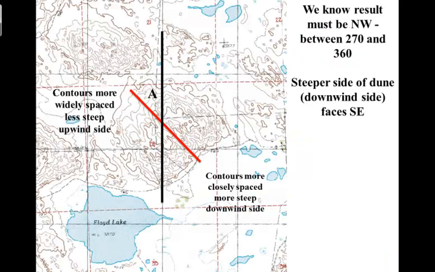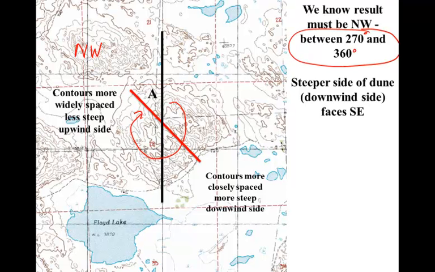Now in this particular example, we know that the wind came from the northwest. In other words, our result is going to be in the northwest quadrant between 270 and 360 degrees. We're going to have to measure nearly all the way around the circle.